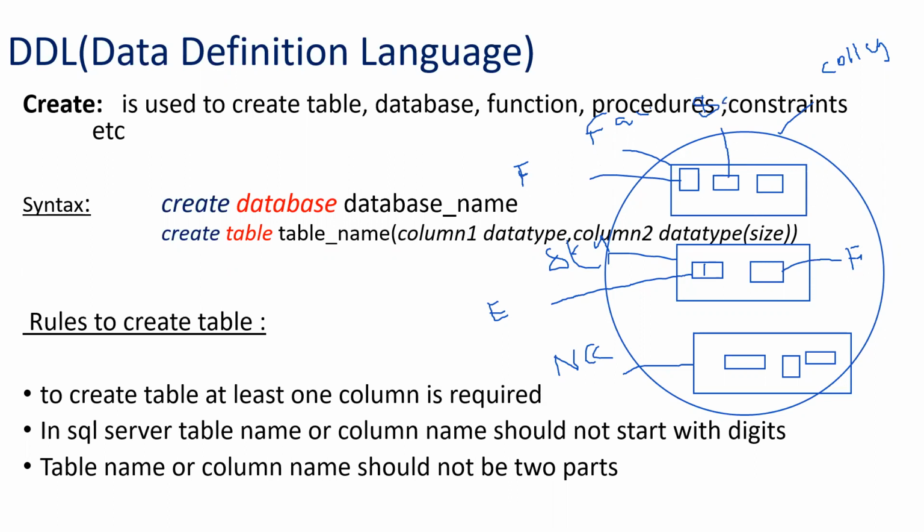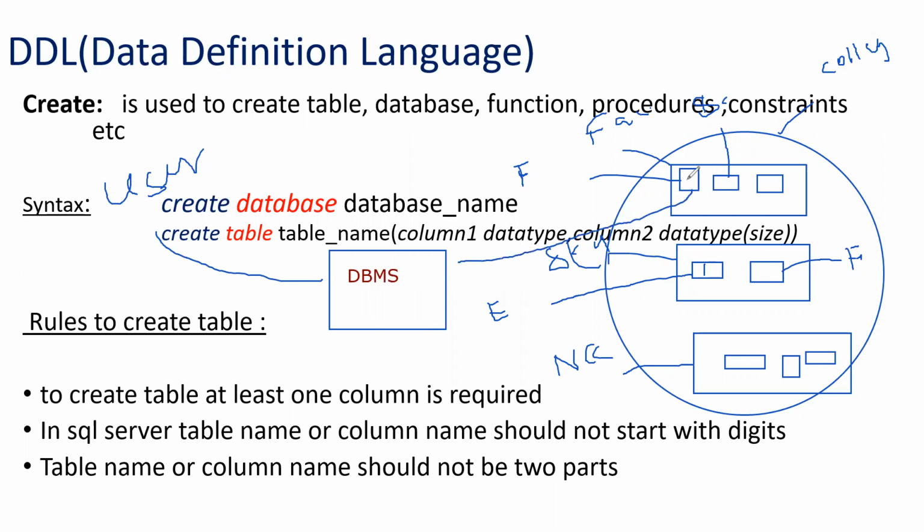If you want to access this data, we need to have one more tool or one more software. This is the DBMS. So I am the user. I want to access the particular data. So here I want to access faculty details.